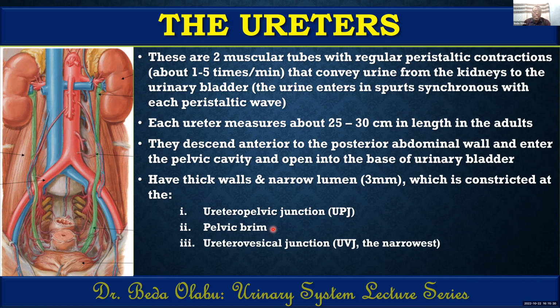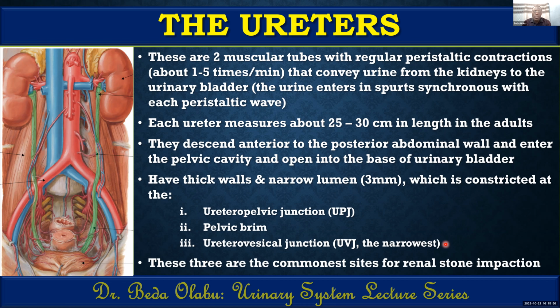And lastly, where the urinary bladder receives the ureter, the junction between the ureter and the urinary bladder, we call that ureterovesical junction. And in particular, this is the narrowest part of the ureter. Now, why am I teaching you points of narrowing of the ureters?